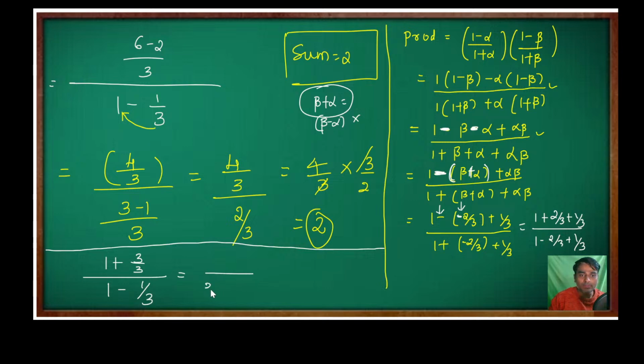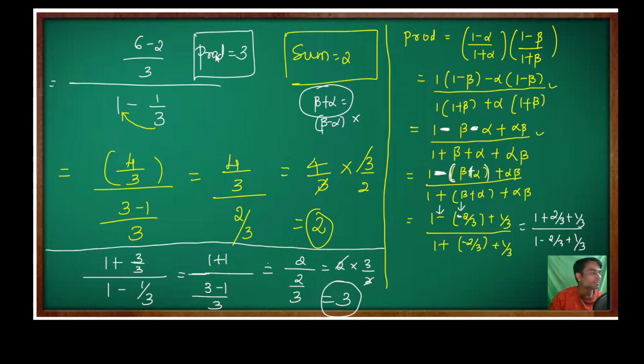So this will become 3 minus 1 by 3, and up it will become 1 plus 1, which will be 2, and this will become 2 by 3. So I will write 2 into 3 by 2, which is 3. So our product is 3.